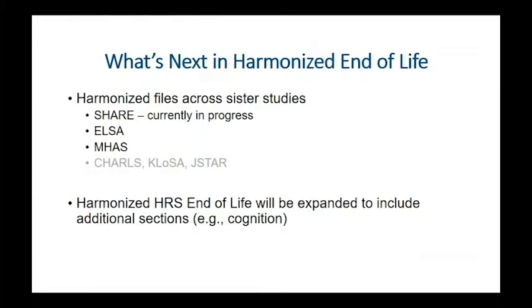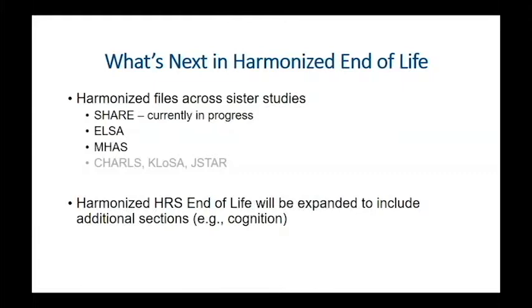So what we've done so far is create a harmonized file only for the Health and Retirement Study. But as I said, the objective is to create cross-national harmonized files that can be used for conducting cross-country comparisons. So we will be creating harmonized files across the HRS sister studies. We're currently working on SHARE, which is the Survey of Health, Ageing and Retirement in Europe.